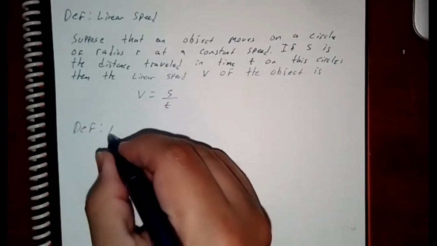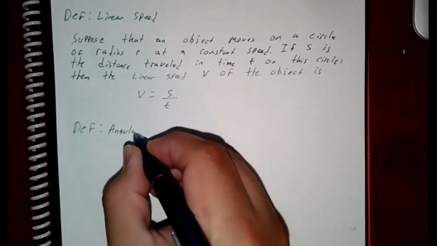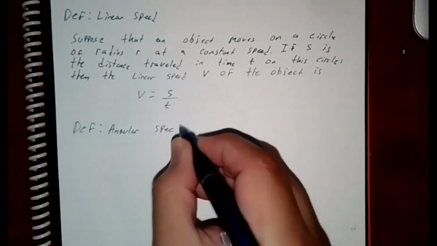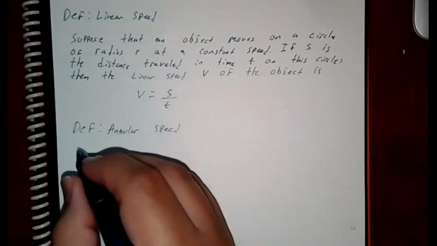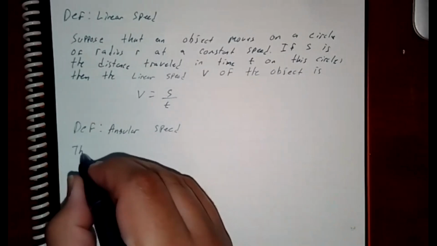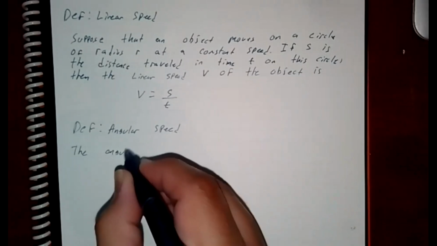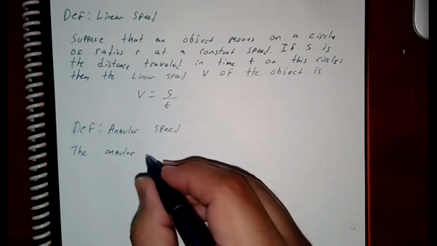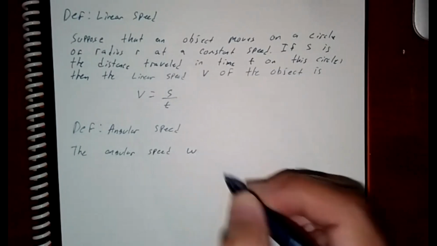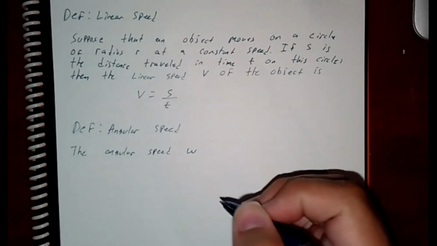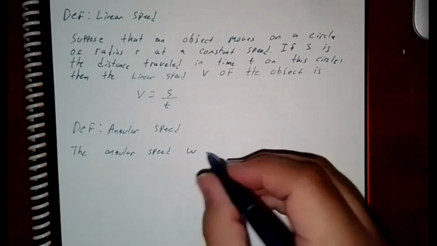Okay. Definition. Angular speed. The angular speed, we're going to use omega. They look like W's when I write them, but whatever. That's what the book wants to call it.